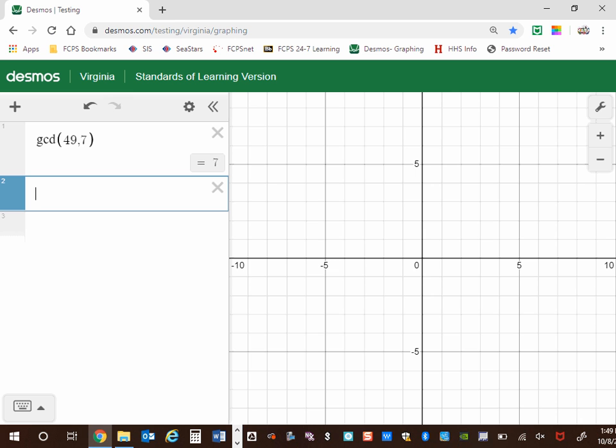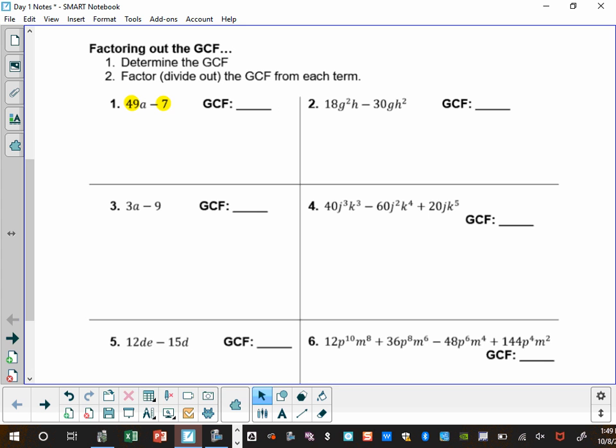You guys see how it just pops up right there? Your GCD is 7. Okay? So especially when we have like 3 numbers, if we have 3 numbers and our calculator is very, very difficult, I would always use Desmos. Okay? So for the rest of the time, just keep Desmos up, or you can keep practicing with your calculator. That's okay.